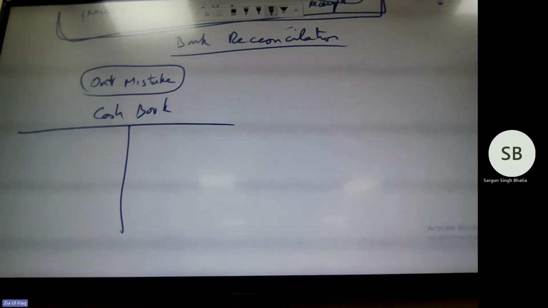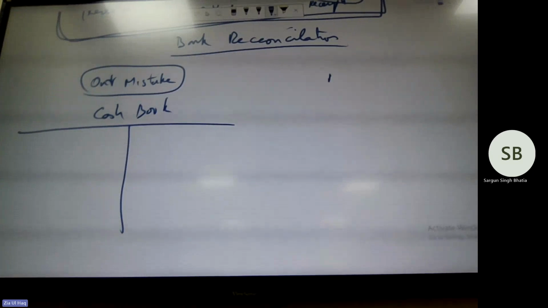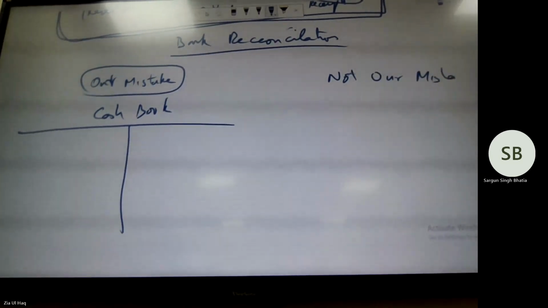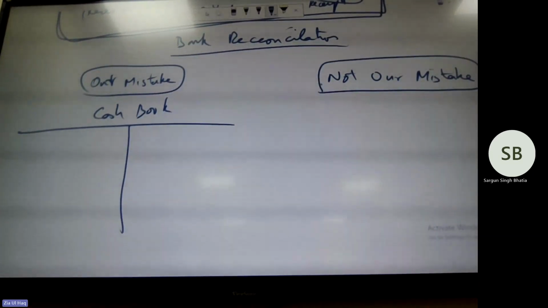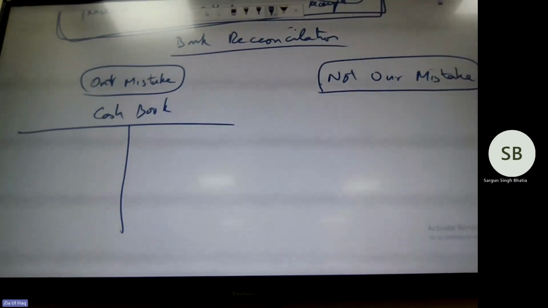What is our book? Cash book. If the difference is due to not our mistake, that could be relating to unpresented or uncredited checks or any errors by the bank, then we will record it in the passbook.